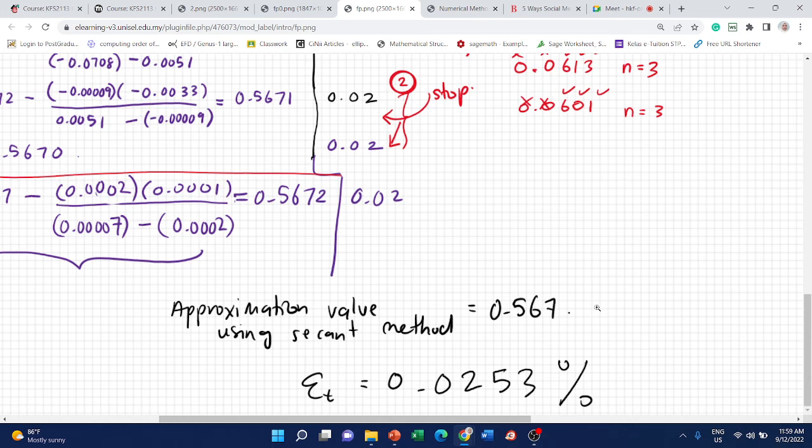Don't just say percentage, you have to be specific: lower percentage of relative error. This is a common question in assessments, whether in a quiz, test or exam, they will ask. Which method? If there is another method with a smaller percentage error than fixed point or the second method, then that method is better than these two methods.